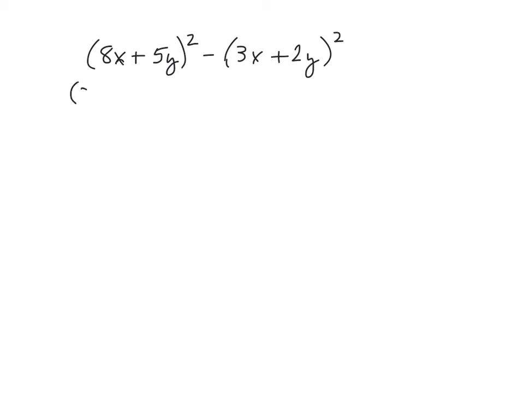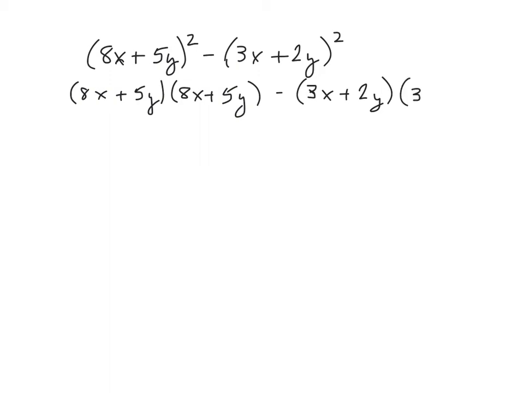So this would be (8x + 5y) times (8x + 5y) minus (3x + 2y) times (3x + 2y).